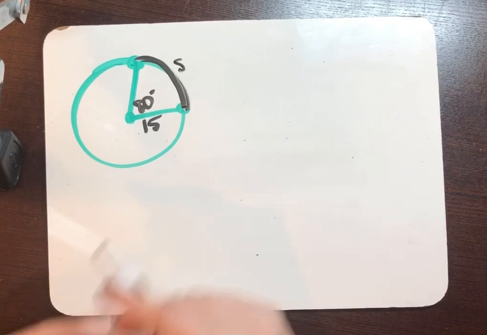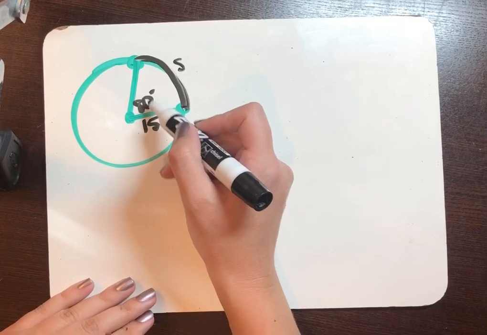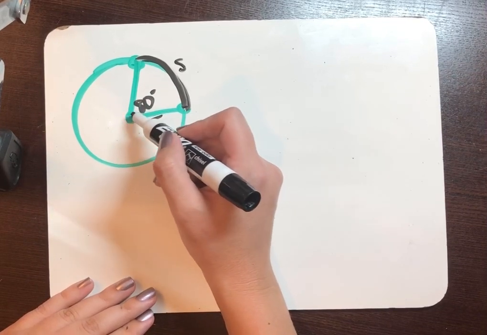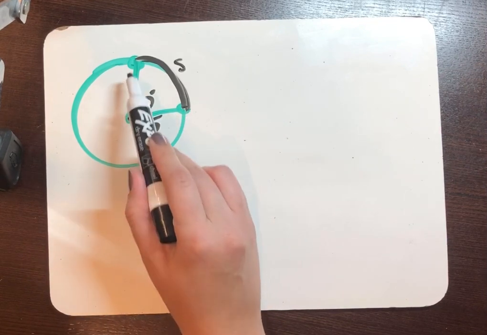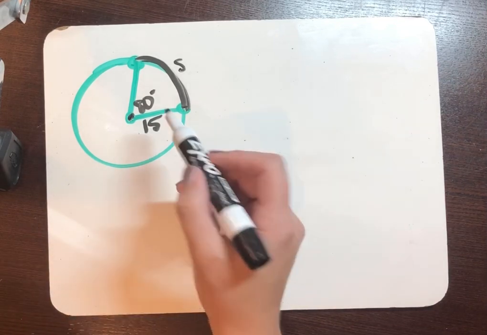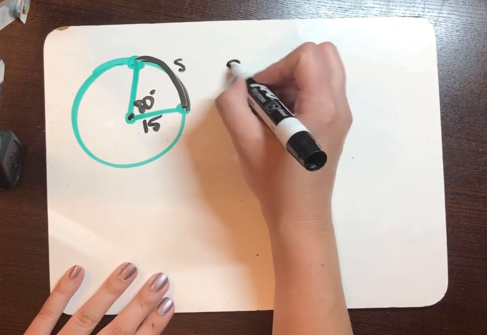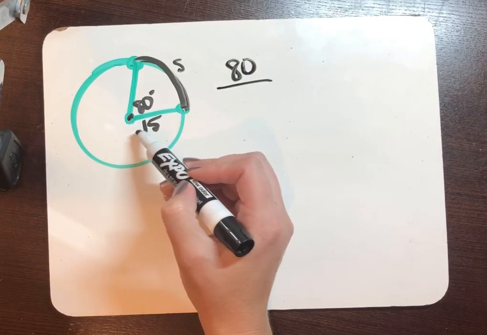So to set this up, I'm going to set up some ratios. We have this angle measure here. This is called a central angle because it's touching the center of the circle. The center of the circle is the vertex of this 80-degree angle. So my ratio involves this 80-degree angle over the entire angle measure if I went all the way around the circle.